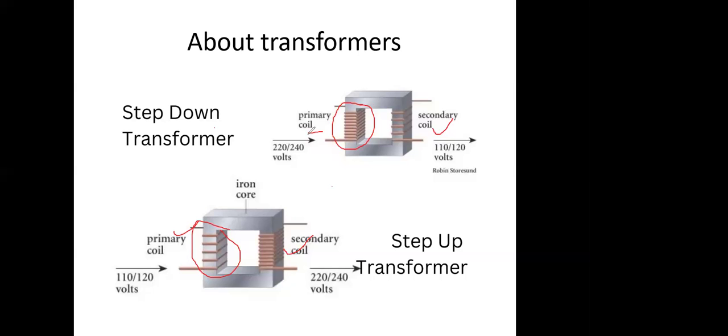So if we have a small number of coils, the voltage that is going to be generated from that place is going to be low. And when we have many coils, that means high voltages are at a place where we have many coils.